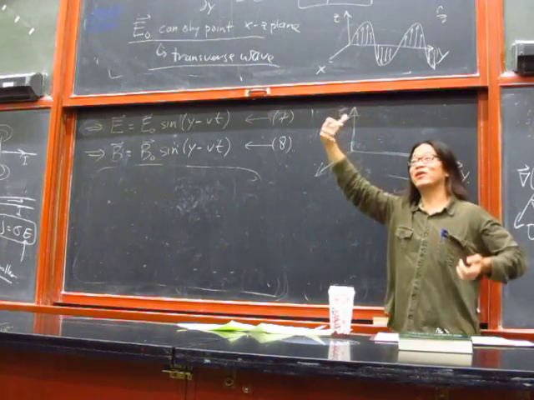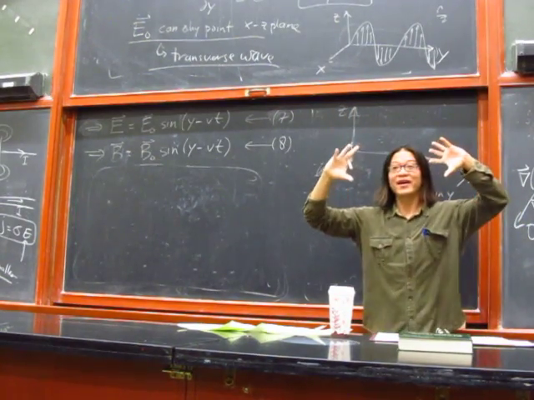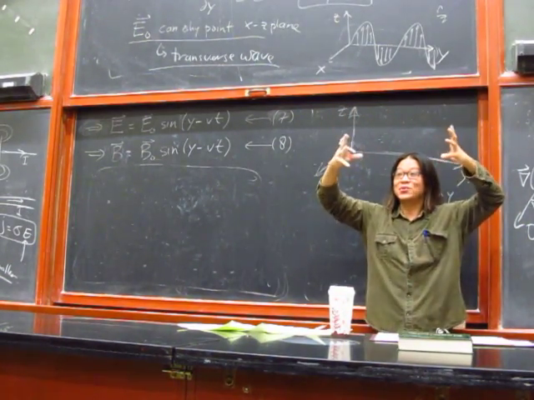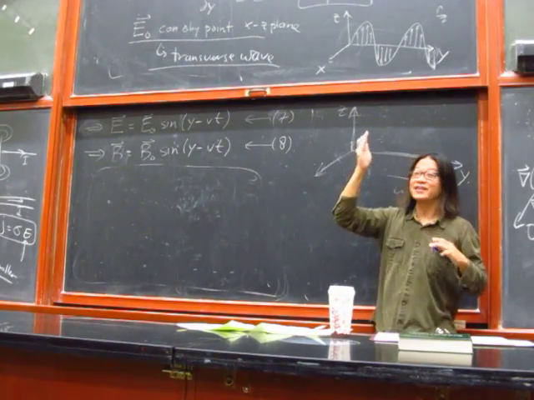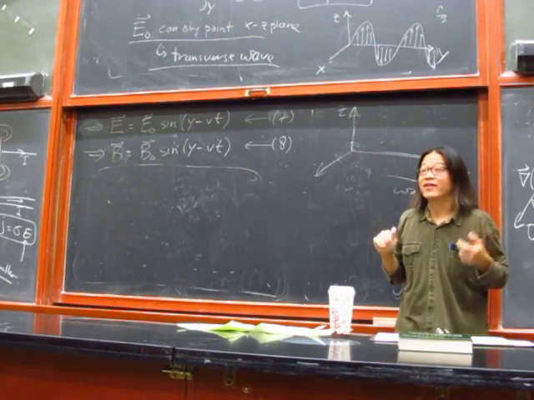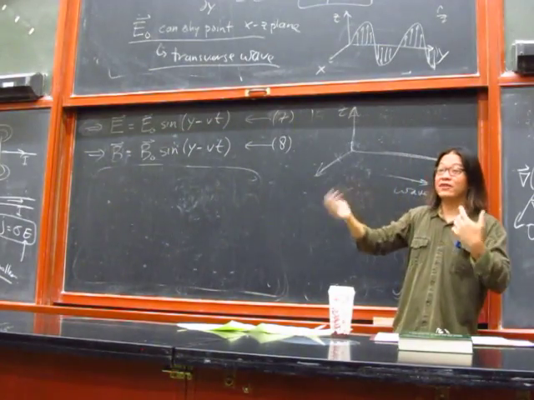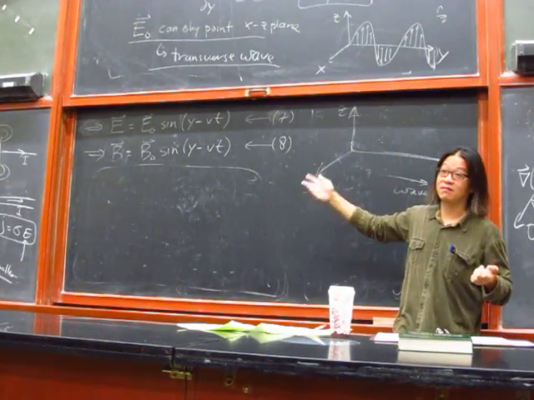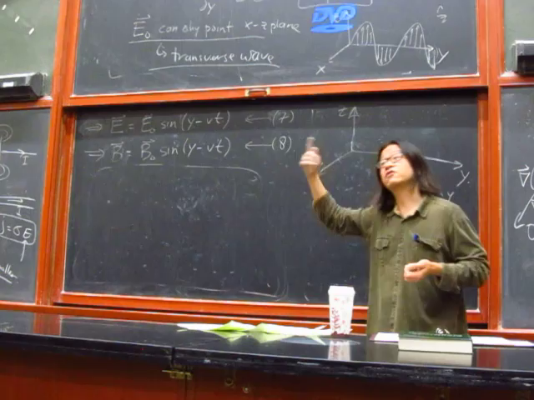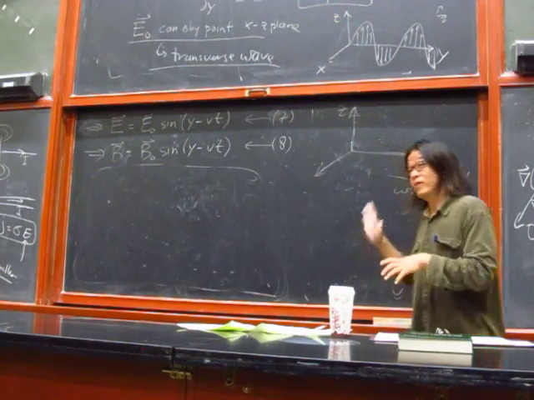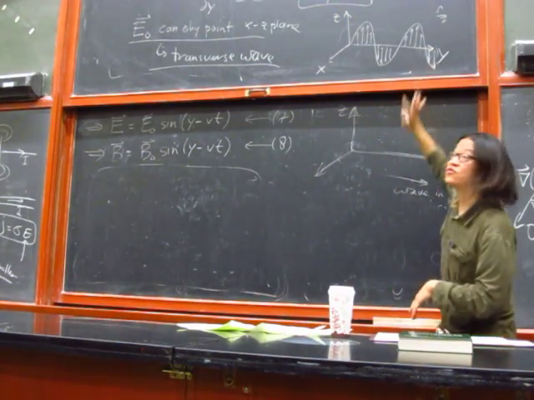I can also rotate my coordinate system. I can rotate my Cartesian coordinates in such a way that the z direction is along the direction of E naught. But in theory, I don't have to. In fact, it's more natural to talk about all this later on using circular polarization instead. But for the purpose of this discussion, this is fine.